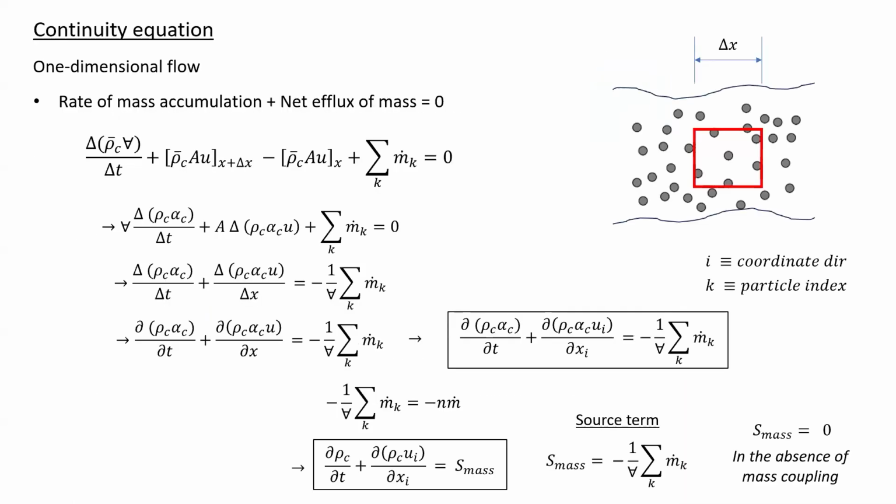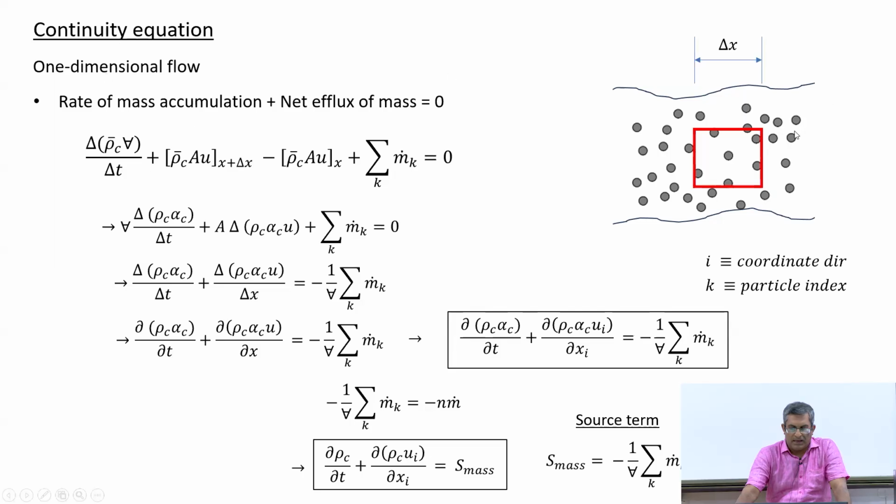So now we will look at the continuity equation, and let's see how the continuity equation is modified because of the presence of particles. Earlier we have seen the continuity equation for single phase fluids, but when we have presence of particles and we have the coupling parameters important, in this case mass coupling parameter important, then how is the equation modified?